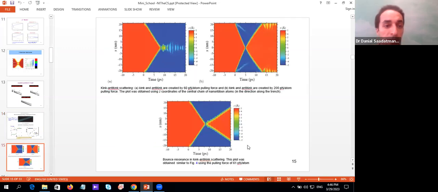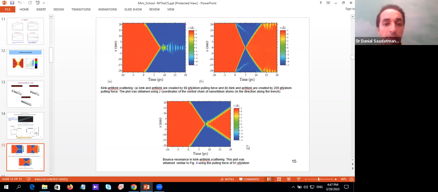And you will see here in the next picture that two kink and anti-kink, in figure A, are created by 60 pico-newton per atom pulling by a force, and in figure B, they are created by 200 pico-newton per atom.